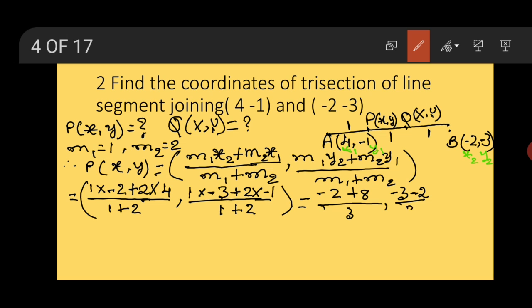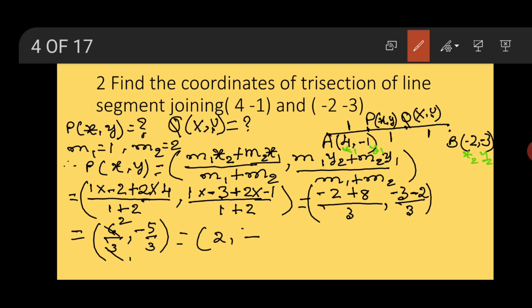Simplify again. Minus 1 2s are 2, minus 2 plus 2 4s are 8, divided by 1 plus 2 is equal to 3. Here 1 3s are 3, minus 3, minus 2 1s are 2, divided by 1 plus 2 is equal to 3. Simplify. It is equal to 6 by 3 and minus 5 by 3. 3 1s are 3, 3 2s are 6.